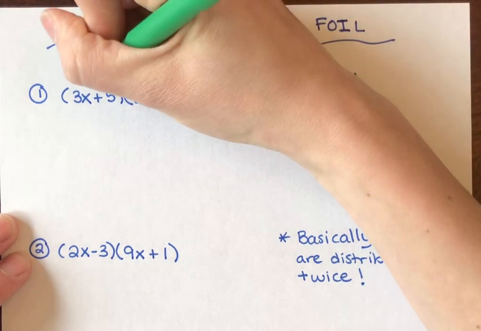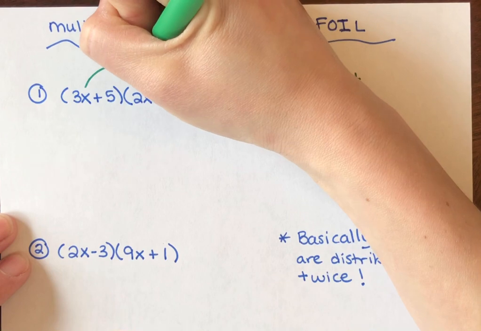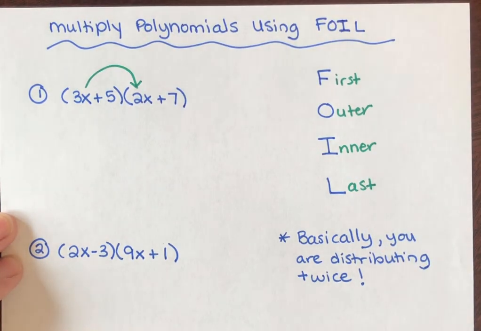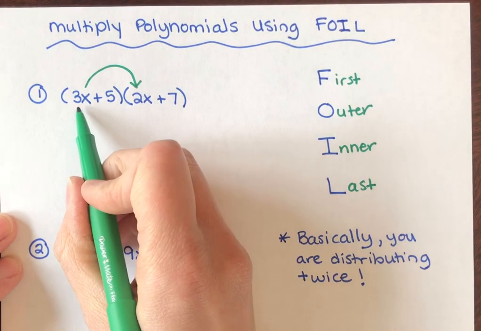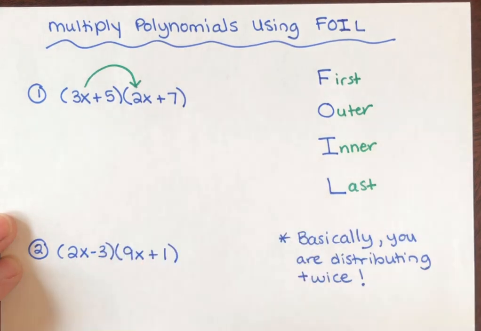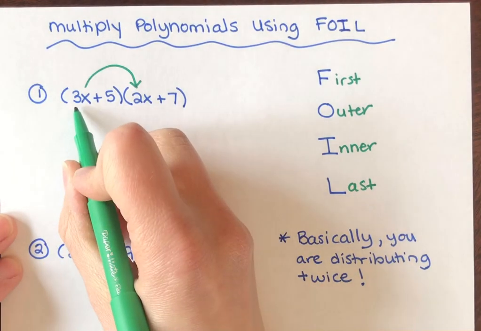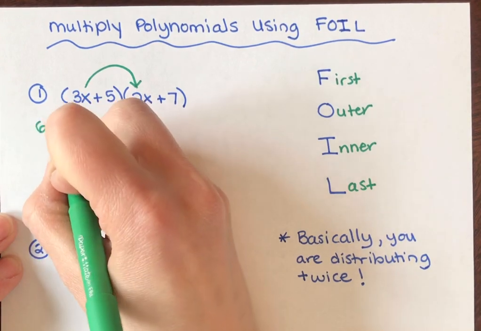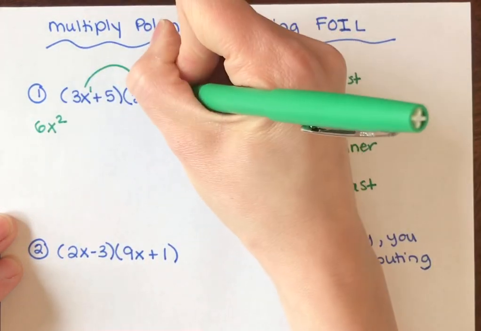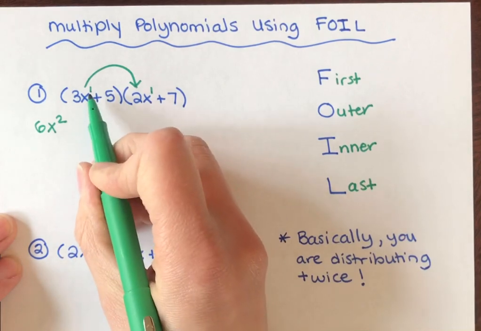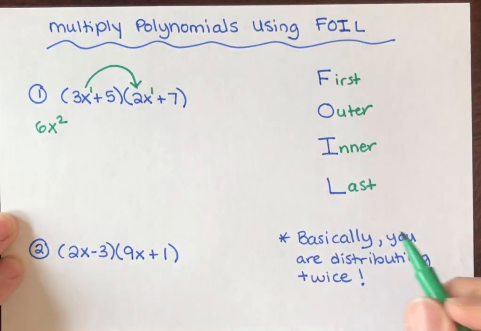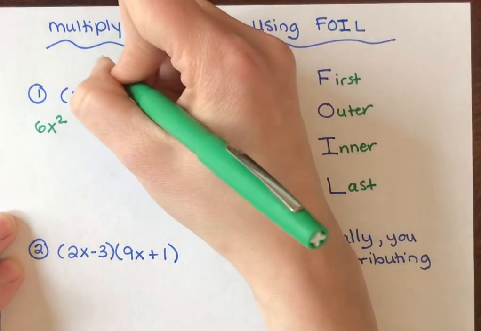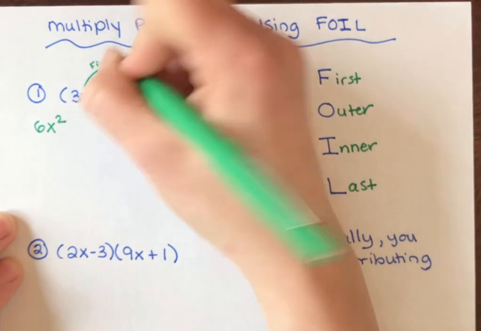So take 3x and multiply it to the 2x, because that is the first term in the first expression and the first term in the second expression. So 3x times 2x gives you a 6x to the second. Don't forget, exponent of 1 and 1. Remember, you add the exponents, so 1 plus 1 is 2. Okay, so that is our first.